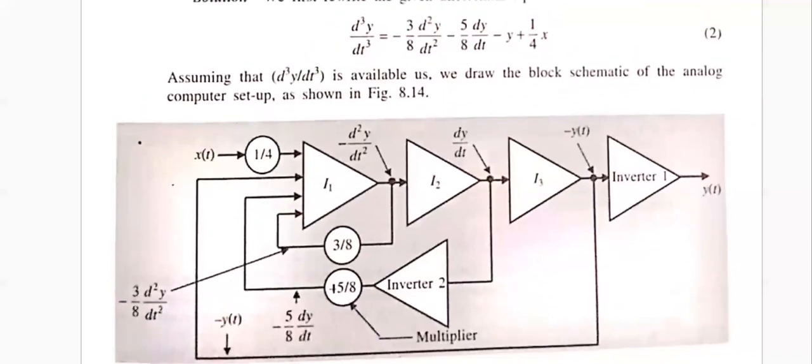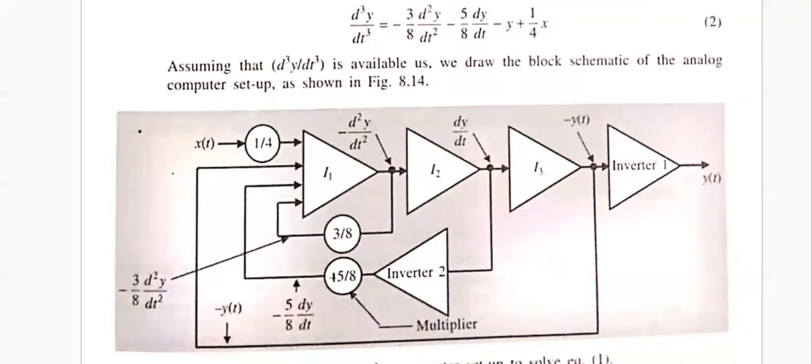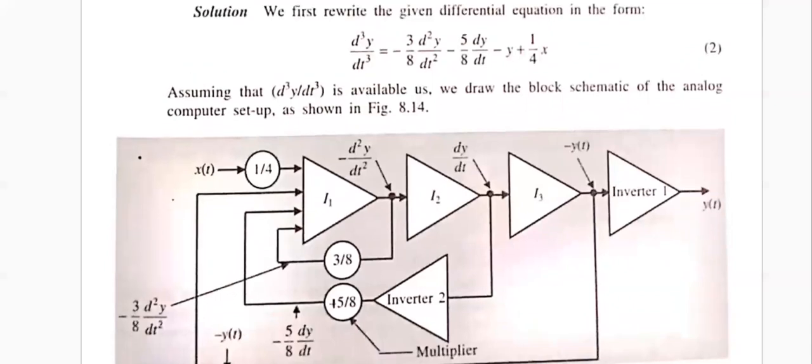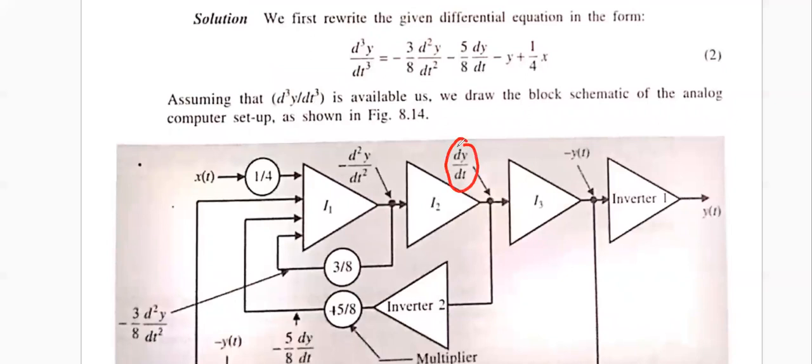So this I represents the integrator circuit. These I's are the integrator circuits. After doing the integration, we got this output. So if we take this one, after integration, we got this result. That means, what is the input?